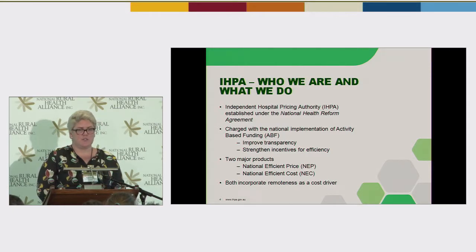They have fixed costs just for keeping the doors open, so they're funded in a different way, and I'll explain that a bit later on. Both of these models incorporate remoteness as a cost driver. In case you weren't familiar with our work, remoteness is a real driving force in the allocation of hospital funding from the Commonwealth.